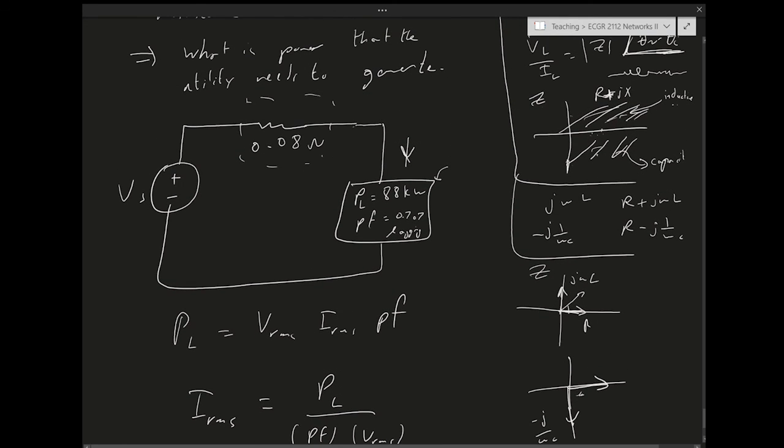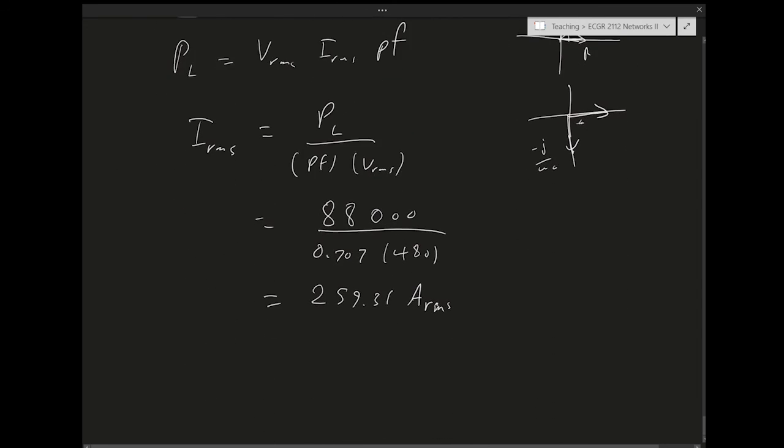Okay. So in this case, what is the power that the source, the utility, needs to supply? It's the same power, 88 kilowatts, the power that's consumed by the load, plus the power that's consumed by the transmission line. And now that we have I RMS coming from the utility, we can easily calculate the power lost by the transmission line.